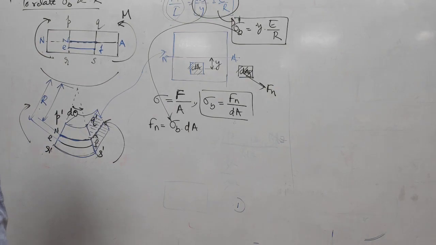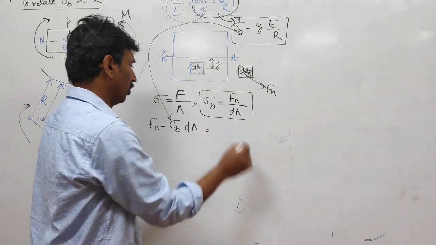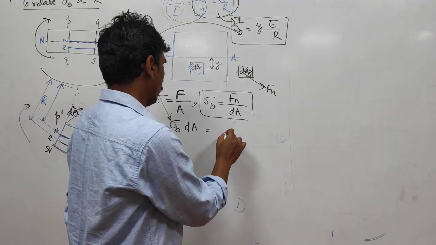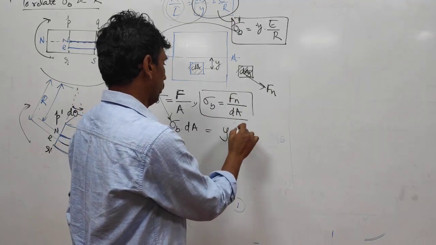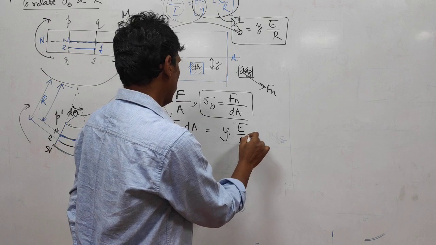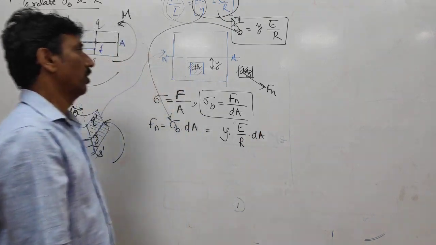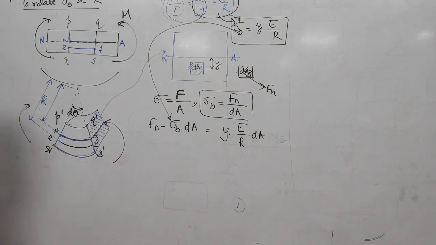So you can say that this will become y into E by R into dA.